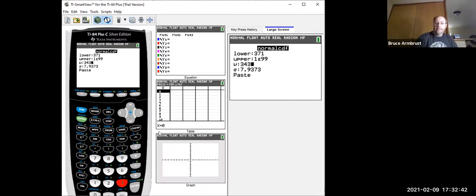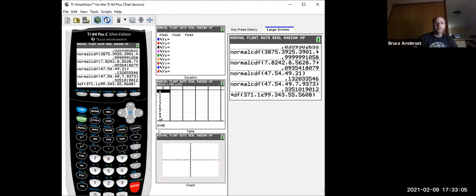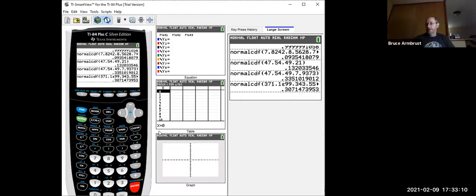And then my standard deviation, this was the one that we found by taking the square root of 7 times the original 21, which was 55.75608. All right, so enter. We do its thing. And so we get a 30% chance, 0.3071.